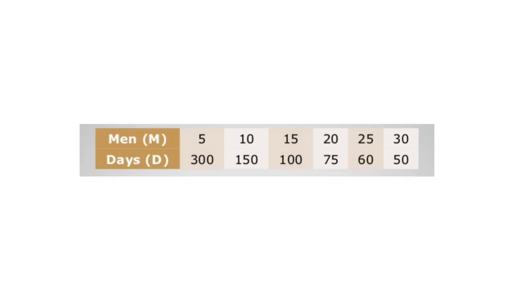If we observe the pattern given in the table, we can say that as the number of men increases, the number of days to complete the same work decreases. Thus, it is an example of inverse proportion. Time and distance is another example of inverse proportion.